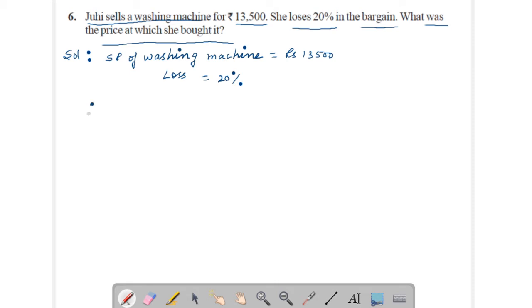Therefore, CP of washing machine, it is SP into 100 upon 100 minus loss percent.